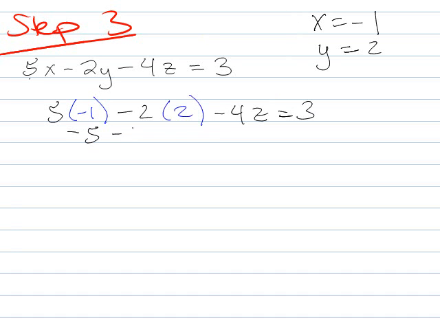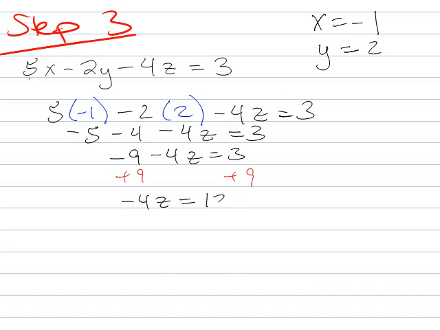So -5 minus 4 minus 4z is 3, minus 9 minus 4z is 3, and I can add 9 to both sides, and then I can divide both sides by -4, and I get z equals -3.